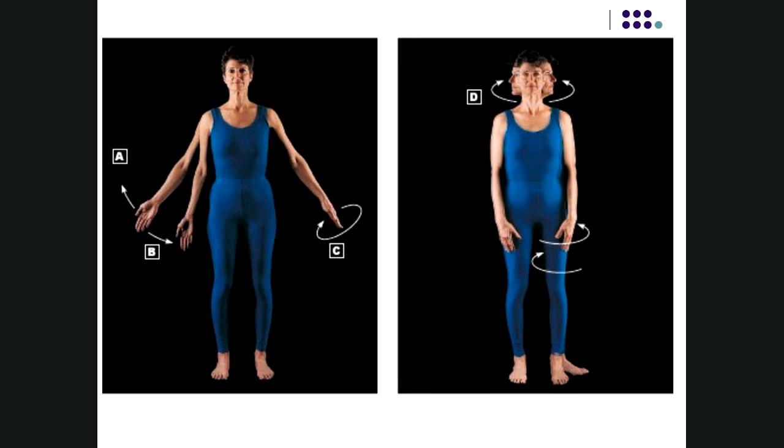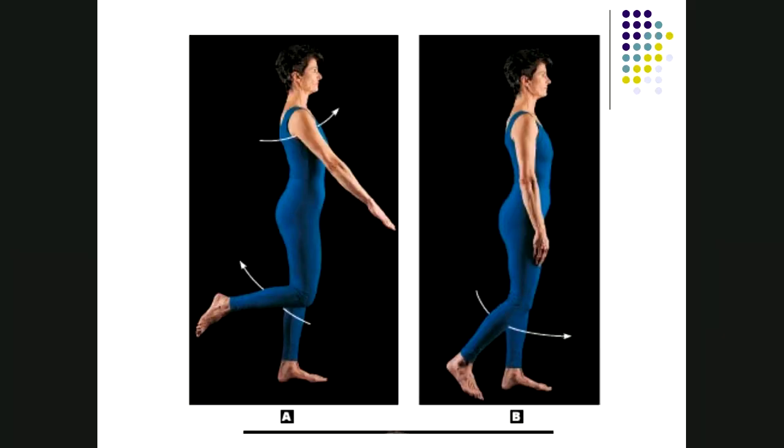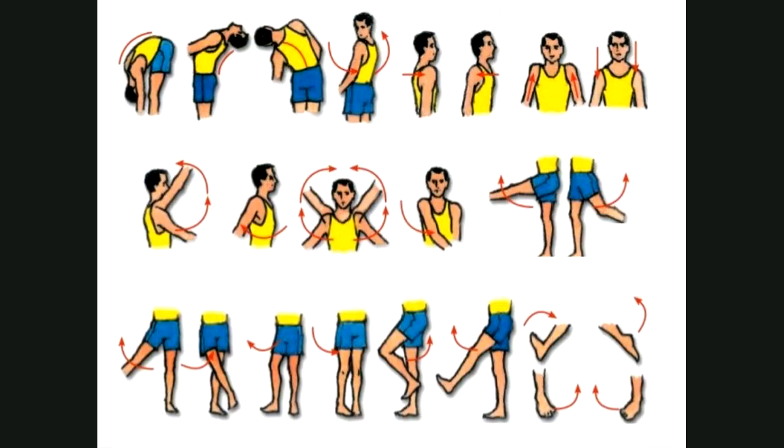So look, you should be able to name what A is, what B is, and so on. And you should go through here and try to name all of these as well. So figure out what's happening here. Figure out what's happening here. What's happening here. And if you look at the arrow, it tells you the direction of the movement.